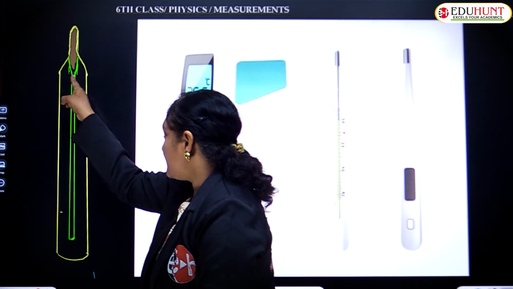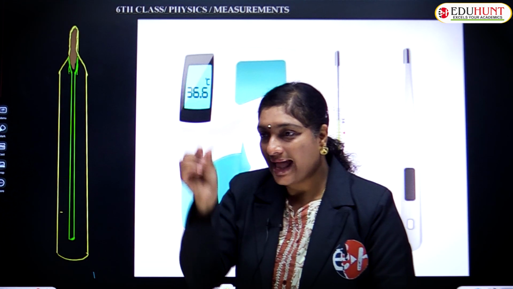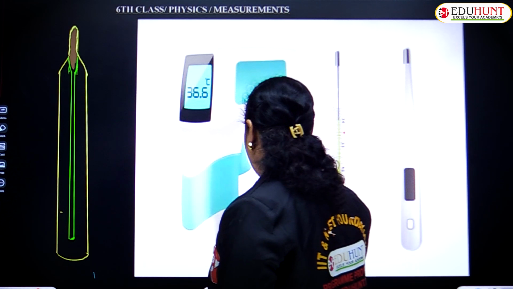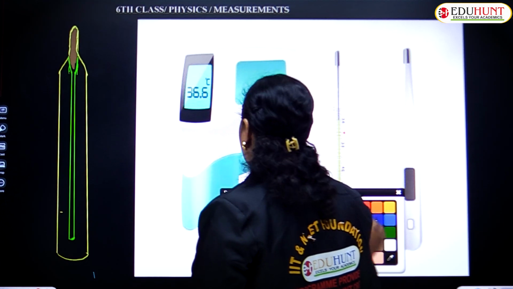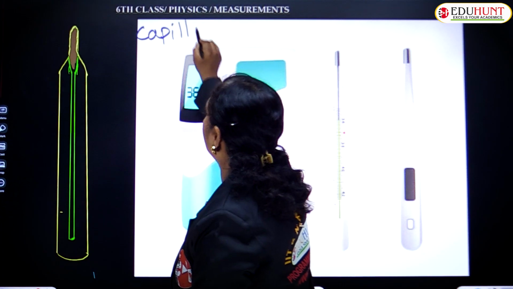And as I said, there is a narrow hole, and that narrow hole itself is called a capillary tube. What is that called, children? It is called a capillary tube. Here let me write it. Capillary tube.